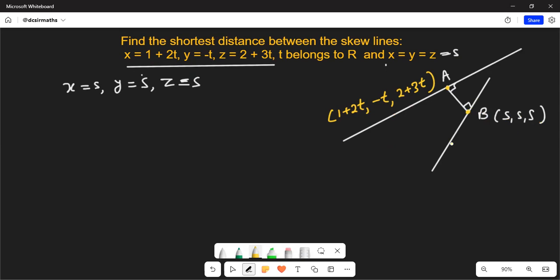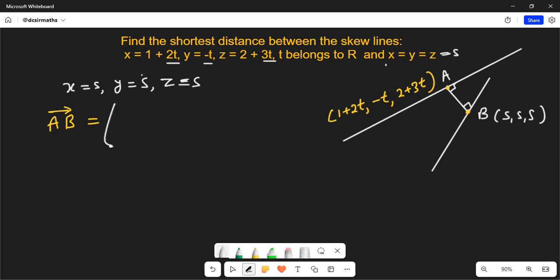Now, to find the shortest distance, we'll find AB, and then we'll find the modulus of that AB. And you know that the AB vector, whatever it will be, is perpendicular to both the direction vectors. Can I find the direction vector of the first line here? That's very easy. Just find the coefficients of t here.